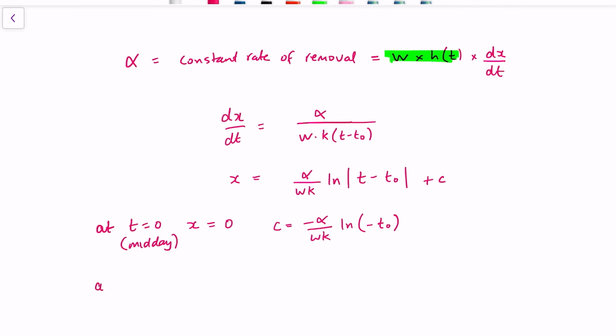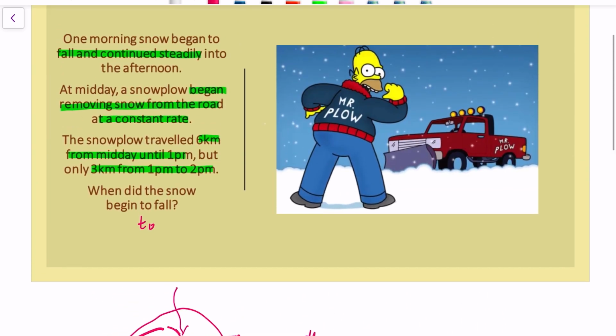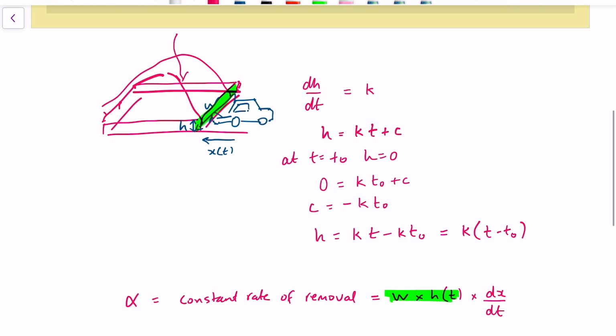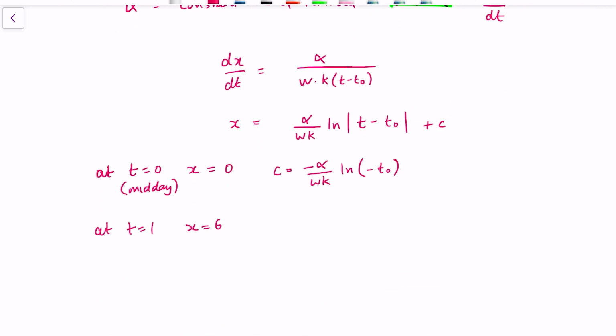The other piece of information we've got is that at time equal to 1, so 1 hour later, the snowplow had travelled 6 kilometres. Okay, that was given in the question. So x would be 6. If I substitute that information into the solution, I've got 6 equals alpha over wk times ln of 1 minus t naught, and then the c value.